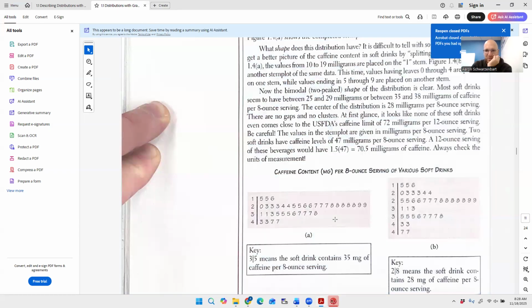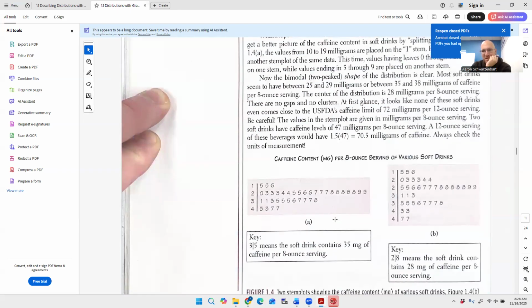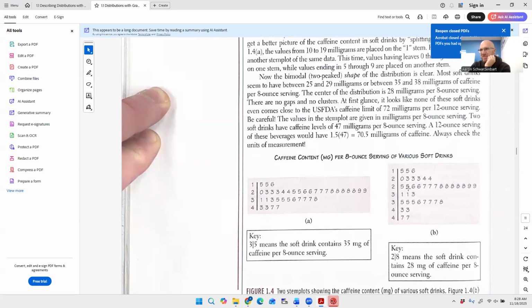So here's the proper one. This uses what's called a split stem. One of the most important things is they've got 2 different 2s here, right? The first half of the 2s are 0, 1, 2, 3, 4. You can split your stems as long as each stem is equal in size.